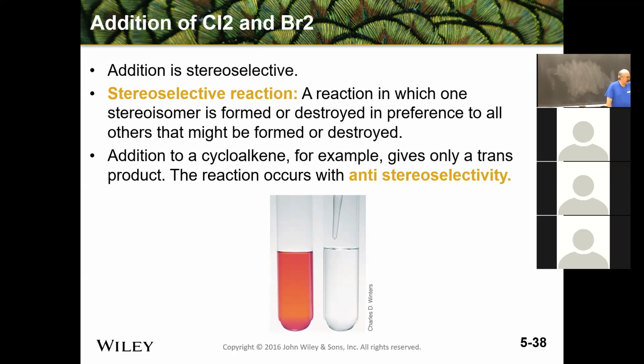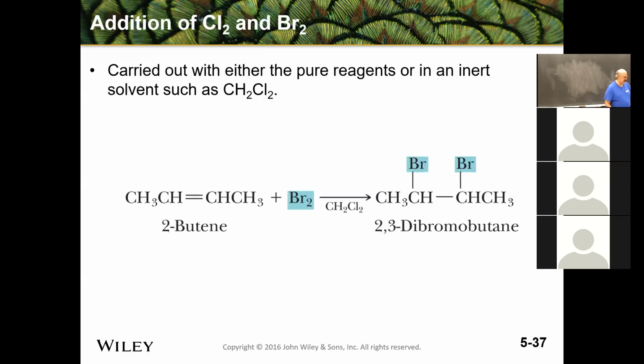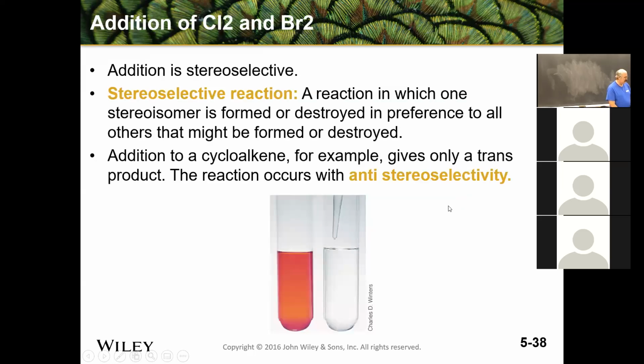Okay, now we're going to introduce another term. We talked about regioselective a little bit ago. This particular reaction is stereoselective. It's not regioselective because it doesn't matter which side gets a bromine, because each side gets the same, but it is stereoselective.